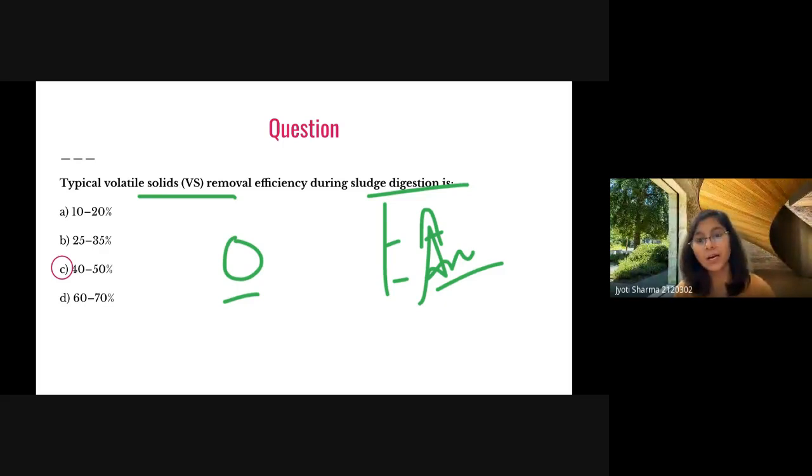It means sludge digestion is not a complete solution for sludge management, because first, it is just removing the volatile solid, and second, even under this volatile solid, its removal efficiency is just 40 to 50%. It means we need more processes, more techniques to manage the sludge.